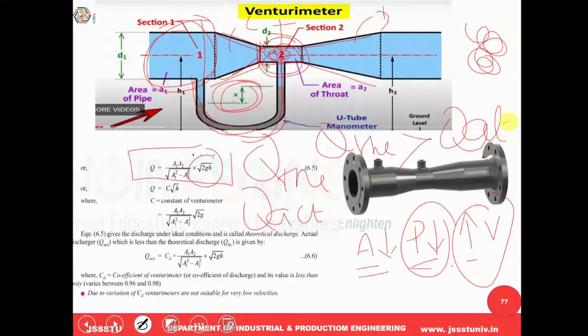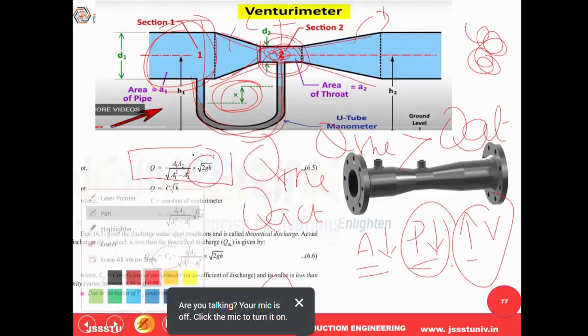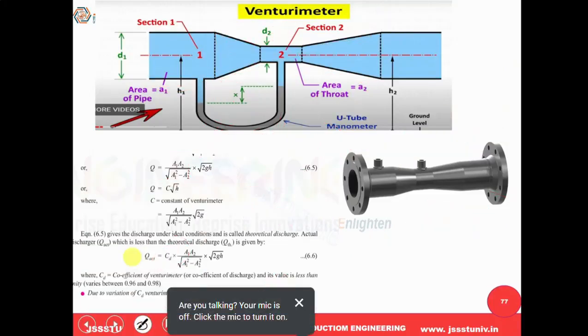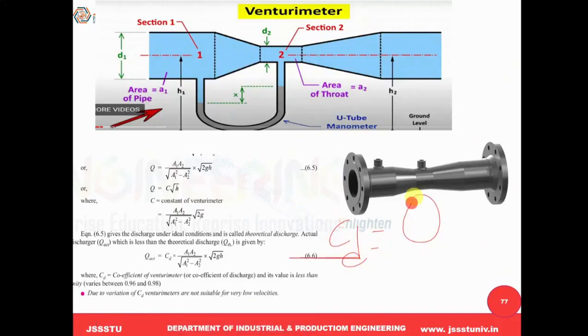So how do we compensate for this? To compensate, we use a term called Cd. What is Cd? Coefficient of discharge. It is the ratio of actual discharge to theoretical discharge.